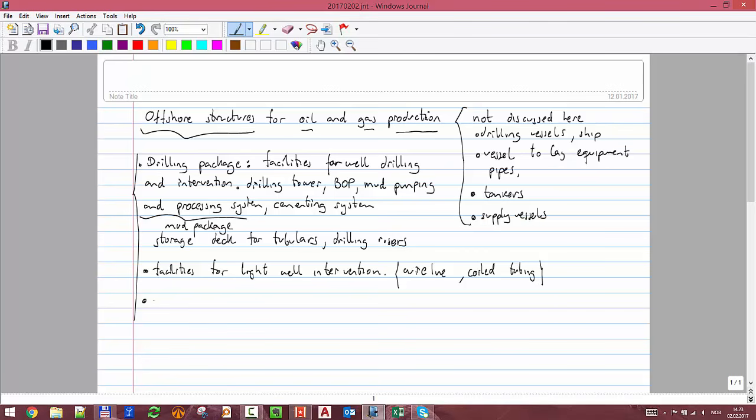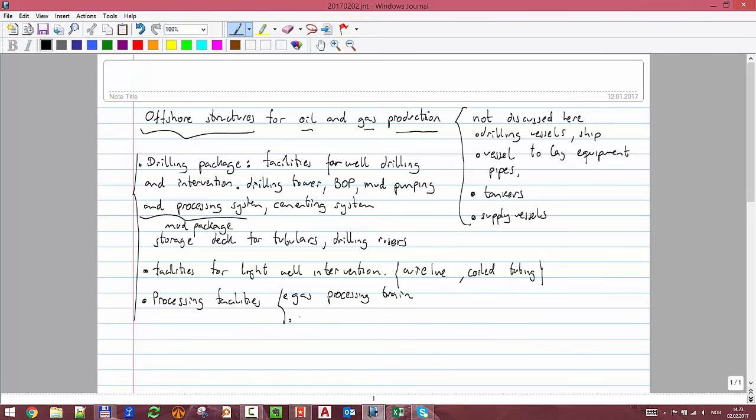Then processing facilities, the central part and the destination of the reservoir fluids. Okay, and here we have the gas processing train, and we are going to talk a bit about that later.